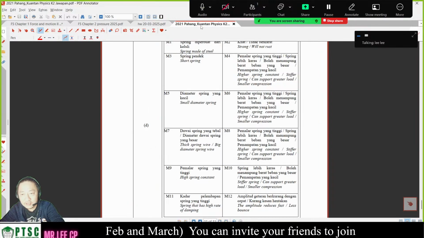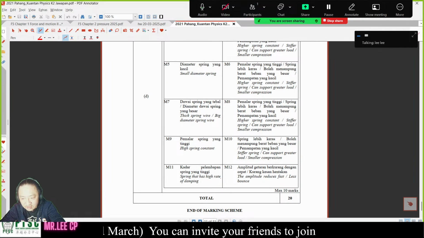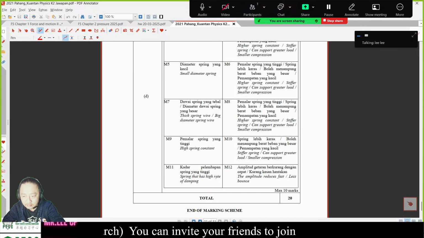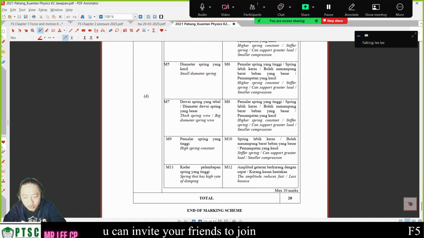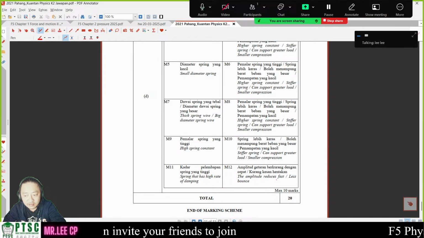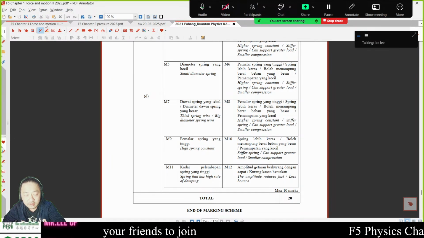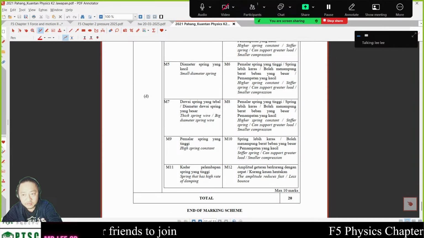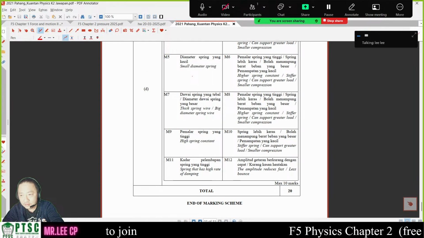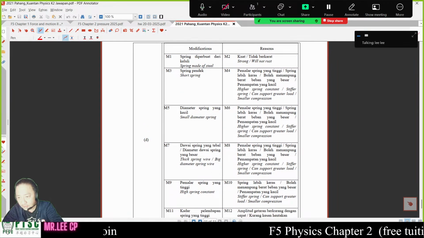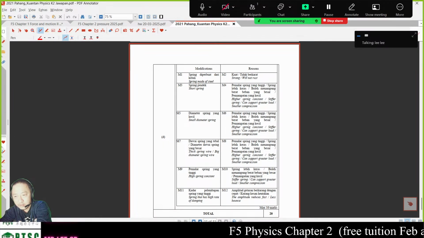So now here, lastly, the spring with a higher rate of damping. Not higher rate of damping, it is low rate of damping. So the amplitude reduces fast. This one is wrong.